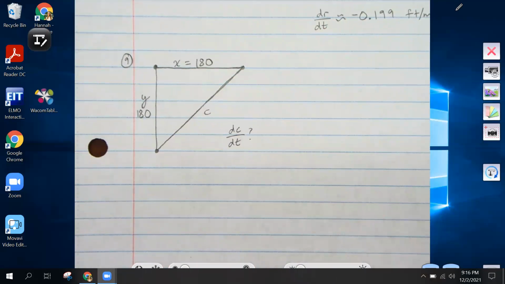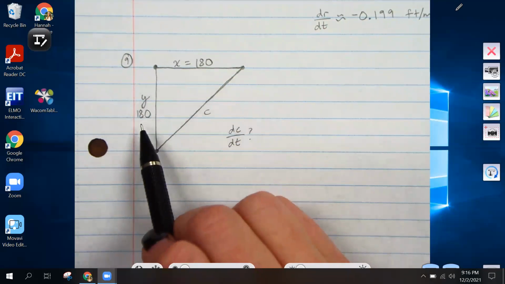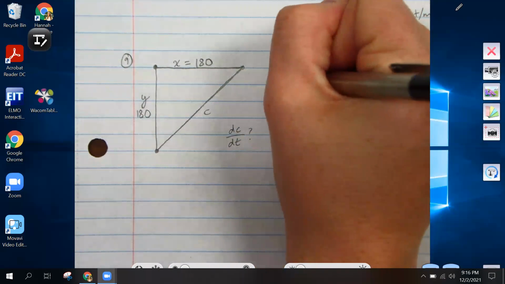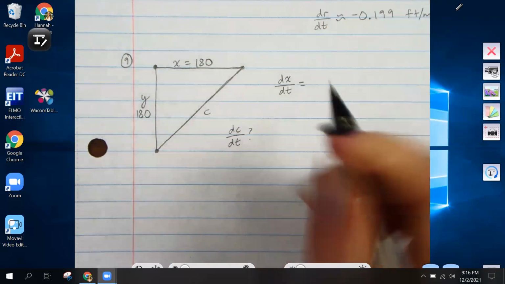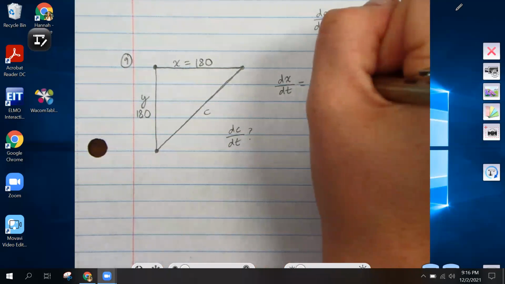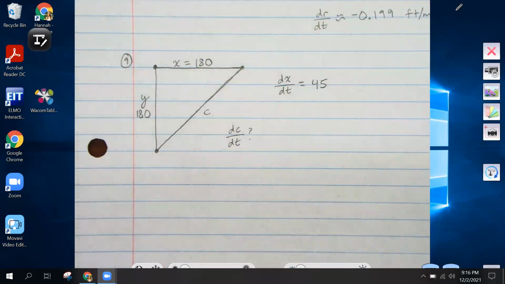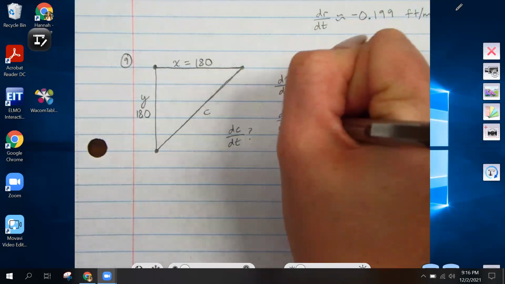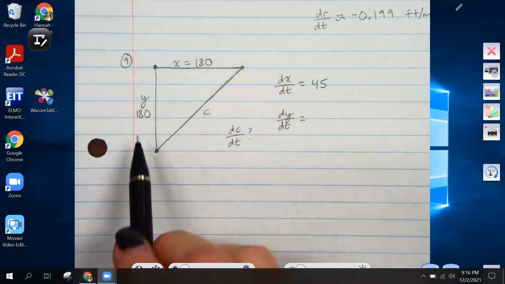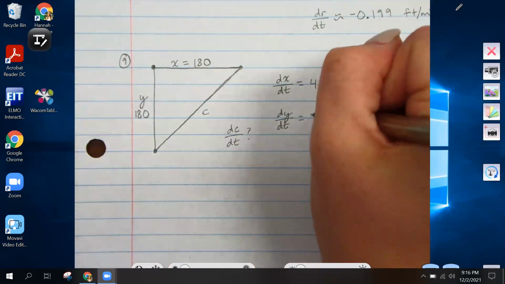So the things that we know are X and Y. We just found those values. We know the rate of change of X. That is how fast that train is traveling, 45. And we know dy/dt. That's how fast that train is traveling, which is 60.